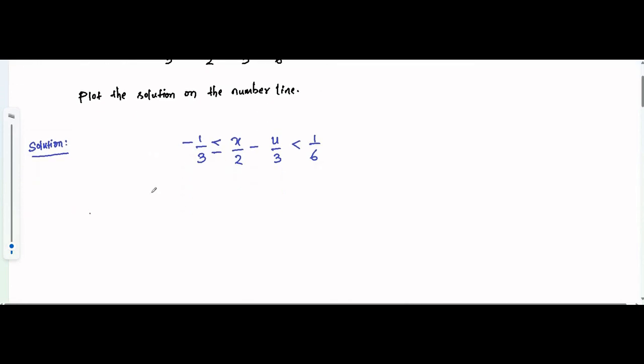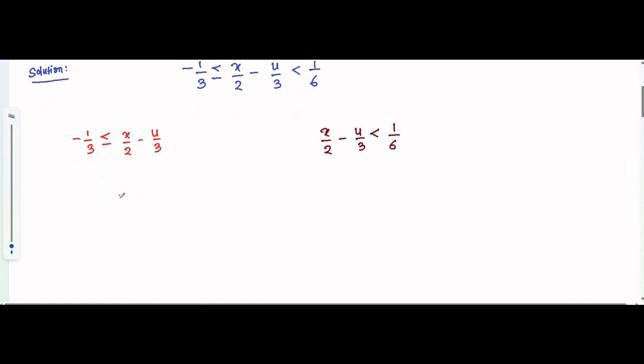So the first part is minus 1 by 3 is less than or equal to x by 2 minus 4 by 3, and the second part is x by 2 minus 4 by 3 is less than 1 by 6. Okay, so first let us solve this left hand side one.